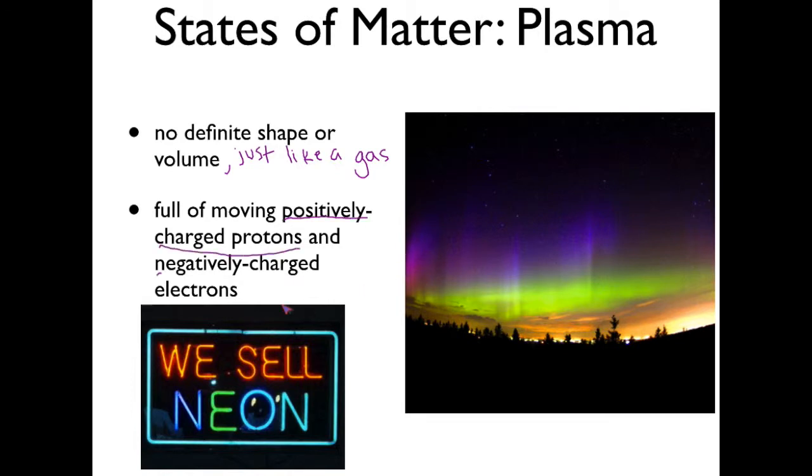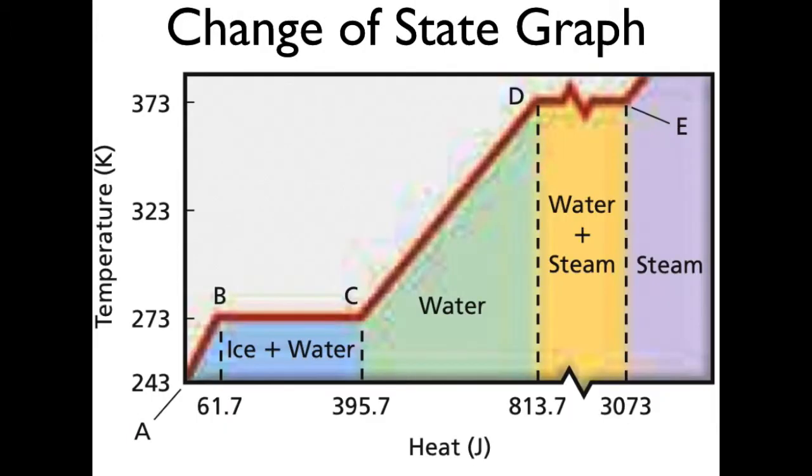So our objects are no longer full of atoms, they're full of protons and electrons, and these charged particles are moving back and forth. Neon signs are usually in the plasma phase, and also the neutrons are considered to be plasma.